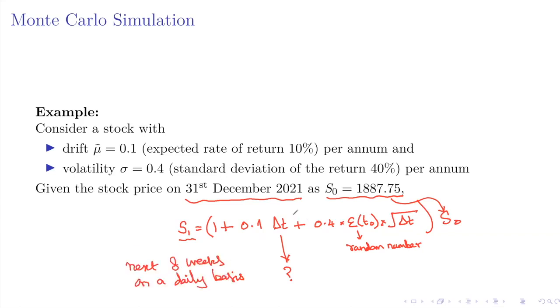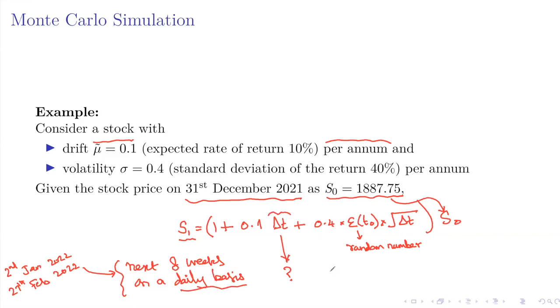So in the calendar of 2022, these 8 weeks will range from 2nd Jan 2022 to 27th Feb 2022, and we are going to do that on a daily basis. But look at these parameters, they are given per annum, right? Therefore, you have to scale these things to get these parameters per day. That gives you a clue of how to get this delta t.